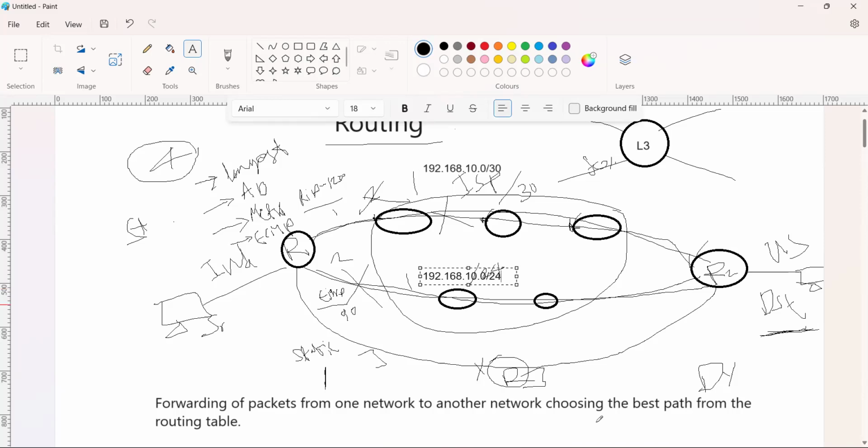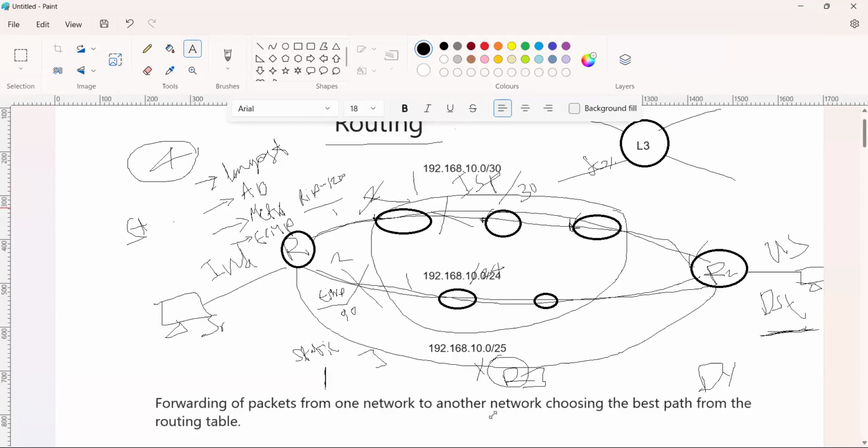And the next one is 192.168.10.0 with a slash like 8 or 16, you can assume. Better we take it as 192.168.10.0/25.